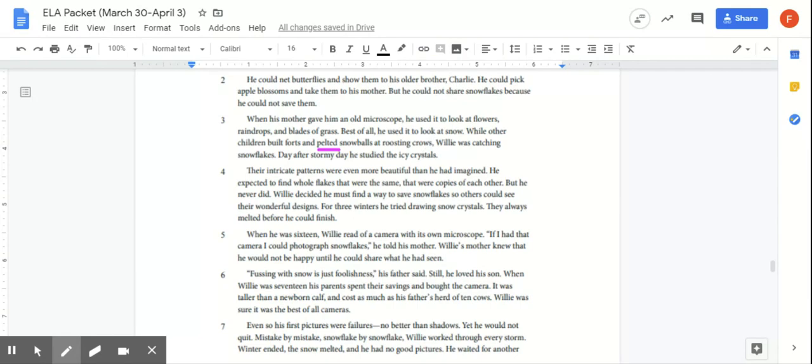So by the answer choices, we can see that A, created, wouldn't be the best answer here because children aren't creating snowballs, right? That wouldn't be the best answer because there's an action there. We wouldn't say created snowballs at roosting crows. That doesn't really make sense.